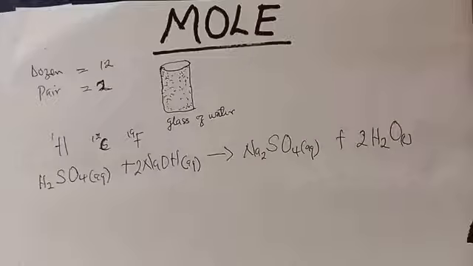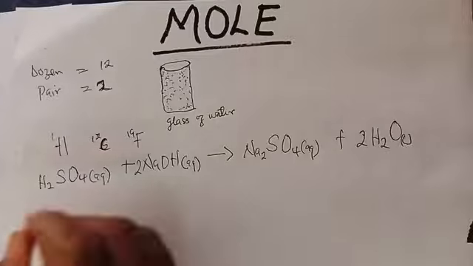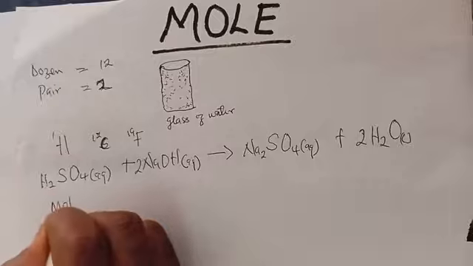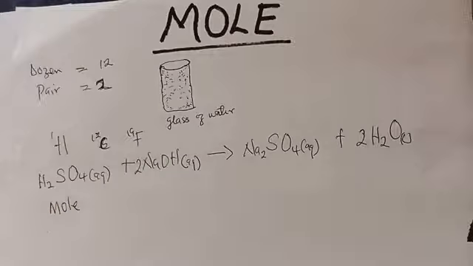that it represents a number of molecules we can see with our eyes, and that number is the mole. The mole is just a number, like a pair, a dozen, a carton, a crate, a bundle.